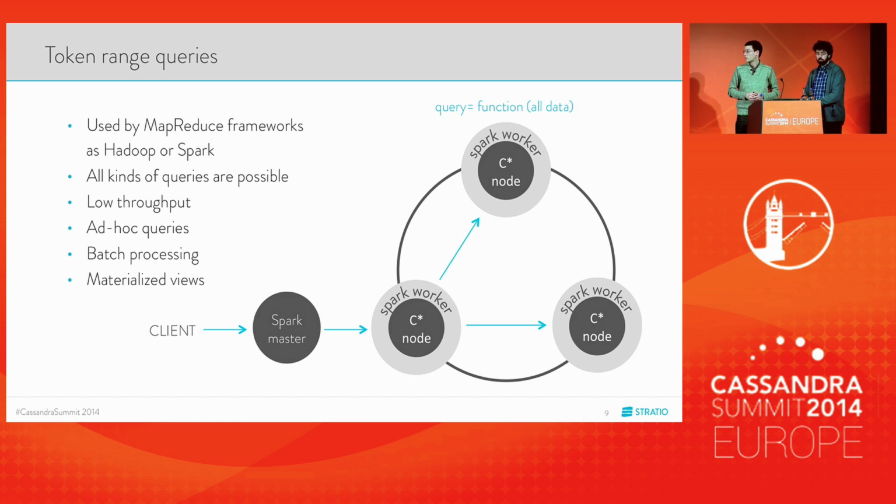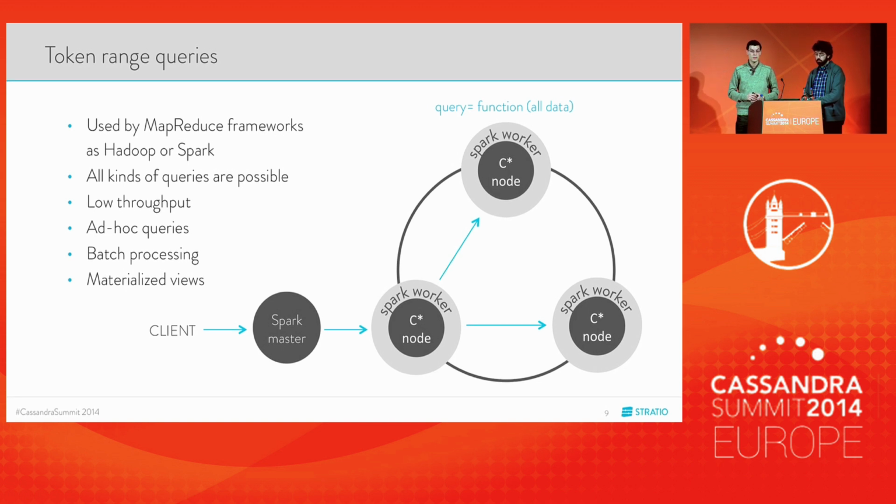And the splits are used because, as is shown in the sample, given for instance a Spark installation, you have a Spark master, which is the node that receives a client request. Then that request goes to different nodes, and instead of having a coordinator, as in Cassandra, you divide your query among the Spark workers.